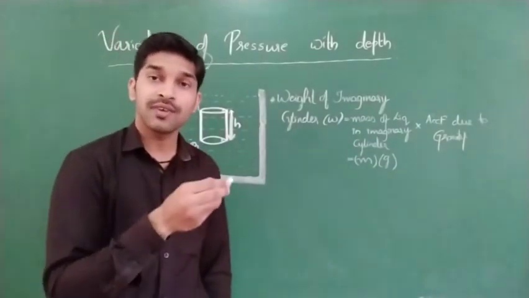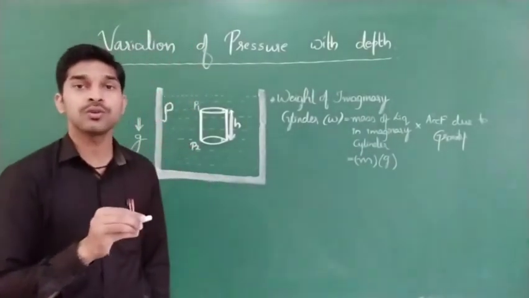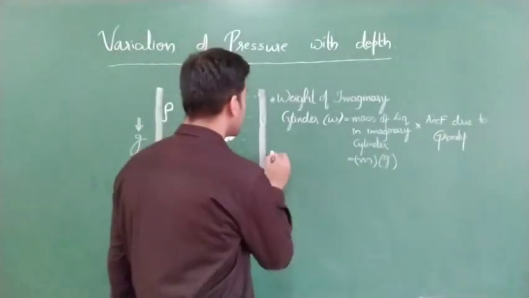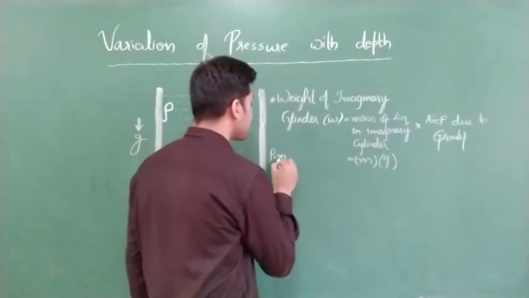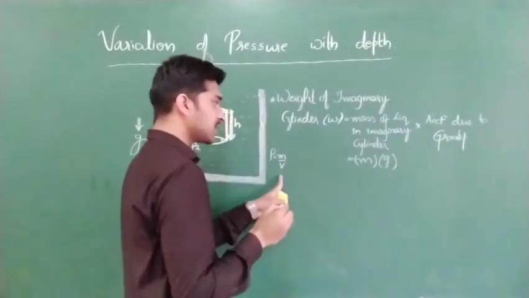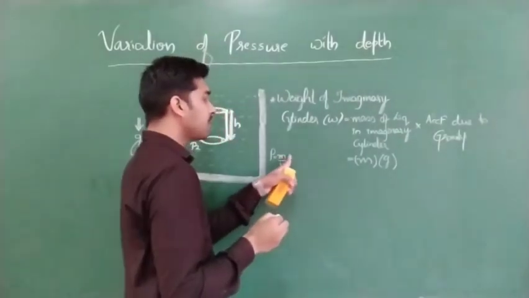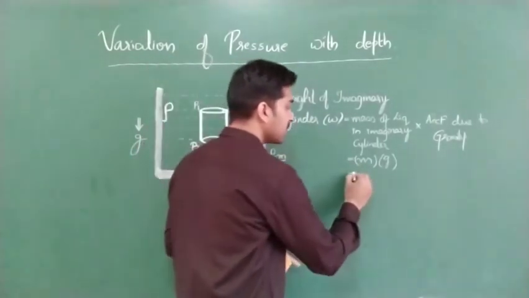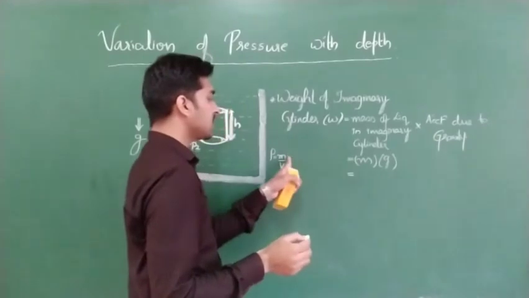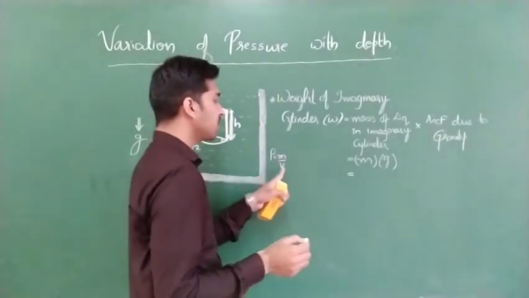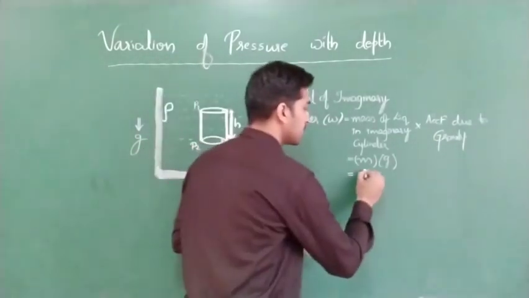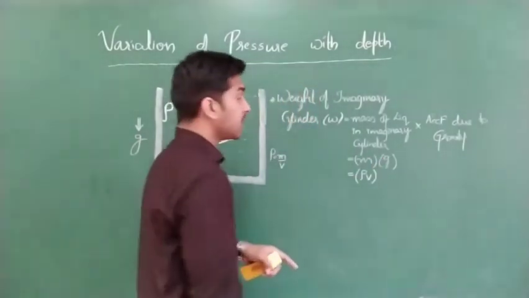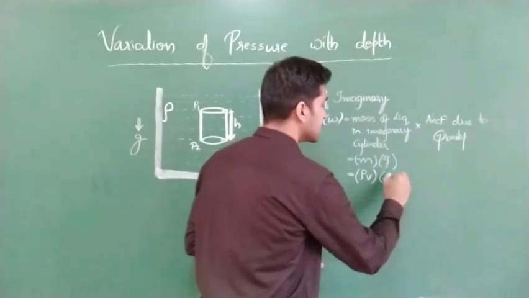So density D is equal to M divided by V. From this relation, M is density into volume. So in the place of M, I am writing density into volume, which is nothing but mass. Next, into g as it is.